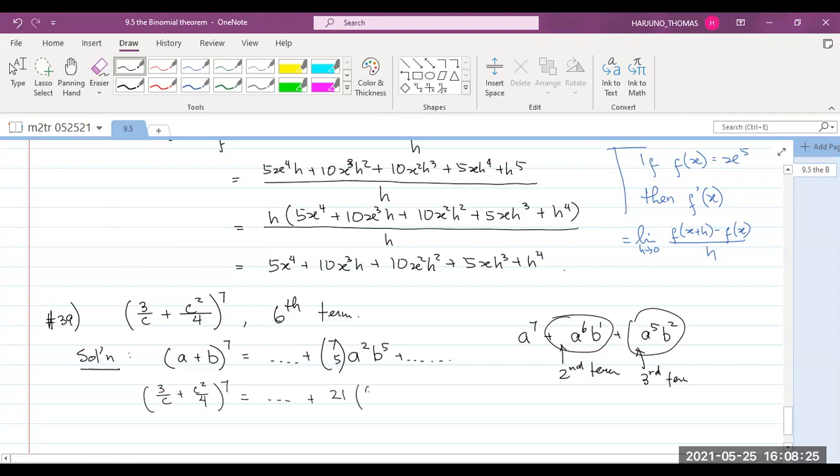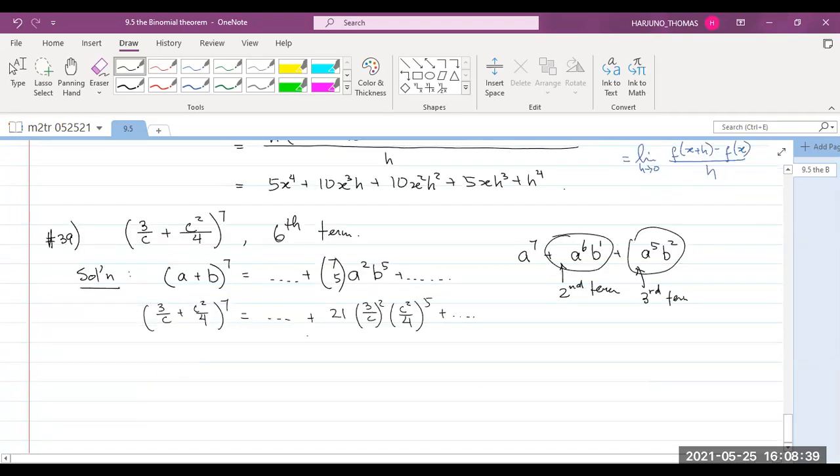The a is 3 over c squared, and the b is c squared over 4 to the 5th. So the 6th term is given by 21 times 9 over c squared times c to the 10 over 1024.